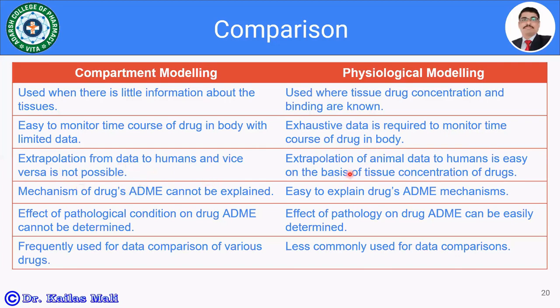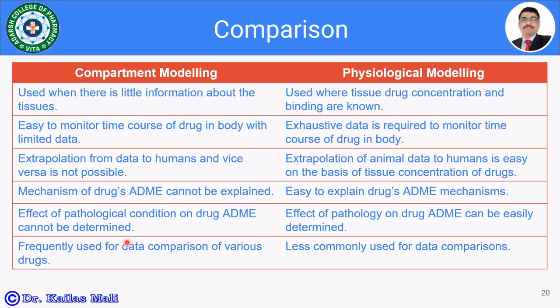In physiological modeling, extrapolation of animal data to humans is very easy on the basis of tissue concentration of the drug. In compartmental modeling, the mechanism of drug ADME cannot be explained, but in physiological modeling, it is possible to explain the mechanism of ADME.